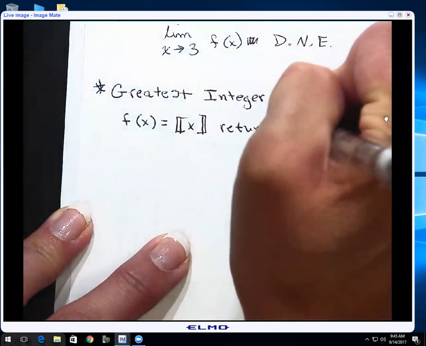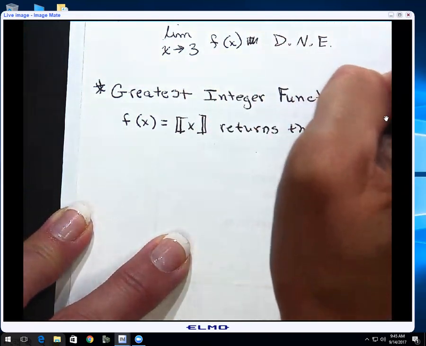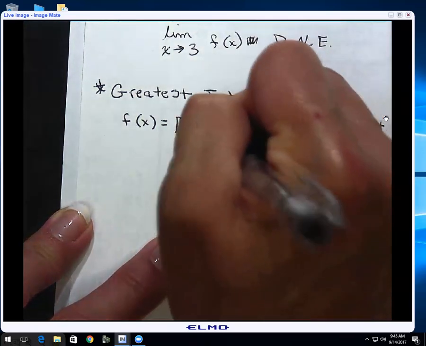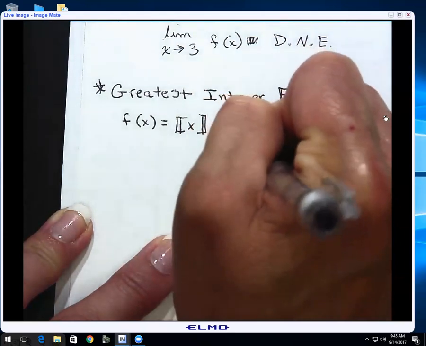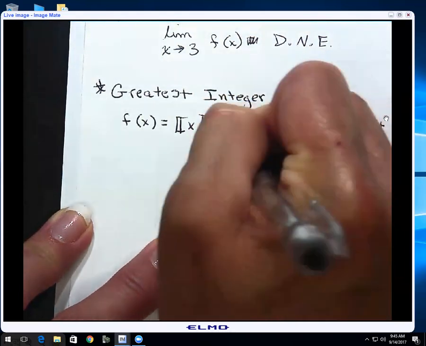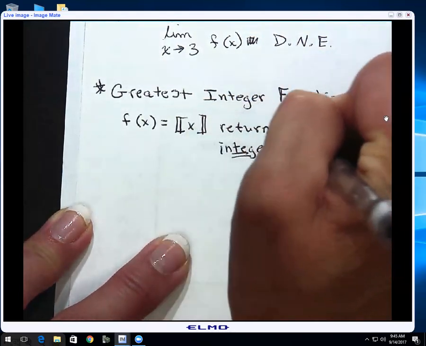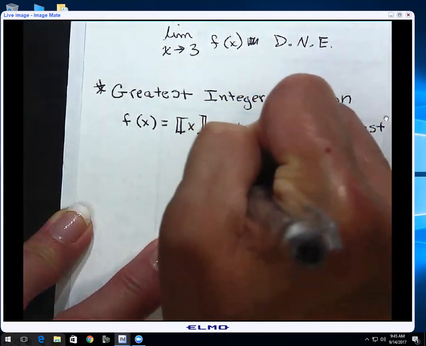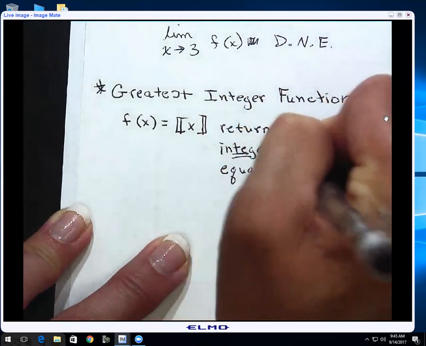It returns the greatest integer, that's why it's called the greatest integer function, less than or equal to x.